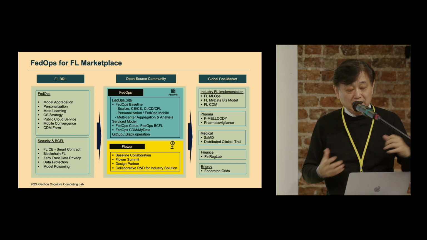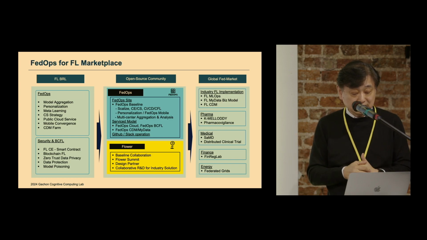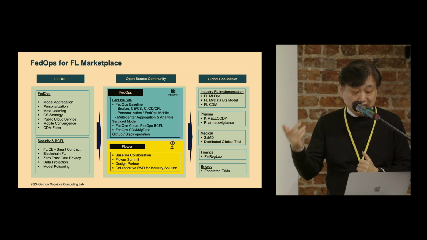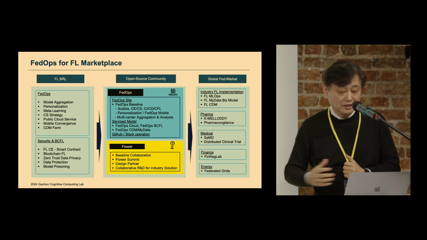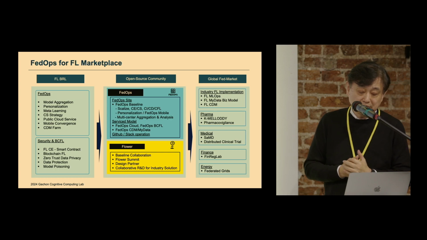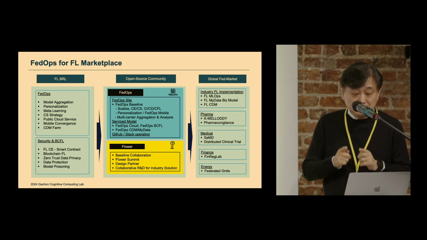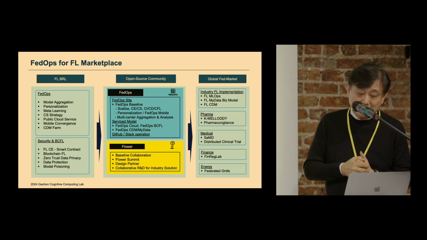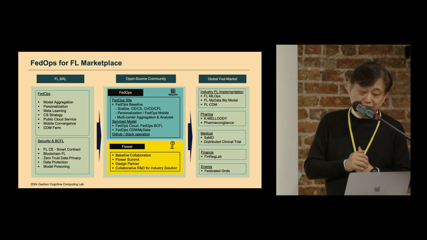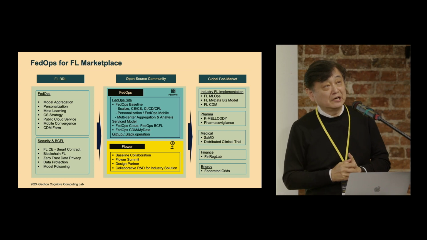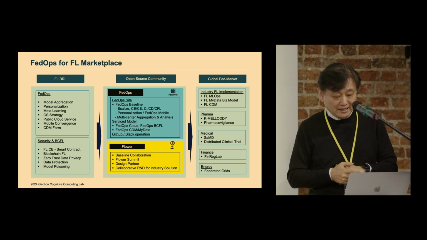And then, on top of Flower. Flower has the baselines and other experience to provide the solution commercially, and then we combine our FedOps service model and bring it into the market. It's getting larger and larger for federated learning requirements. It makes Fed marketplaces.